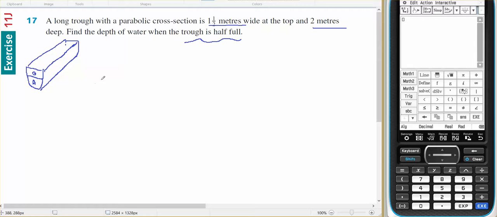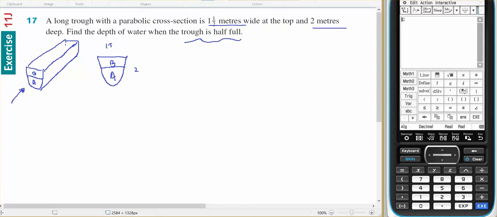So if I look at the cross section of my trough that way, then I've got this parabola, and I'd like to find this height when this area and this area are equal to each other. I know that that's 1.5 meters across and that's 2 meters deep.